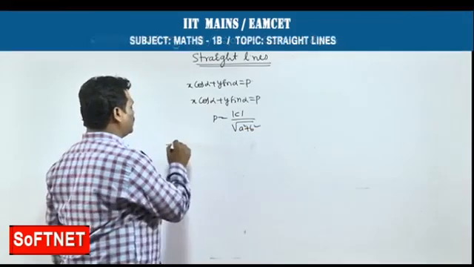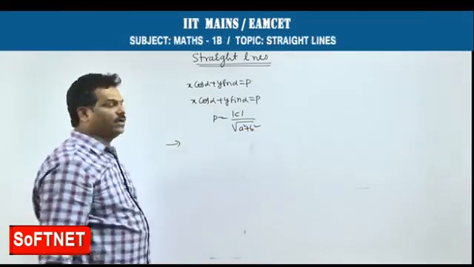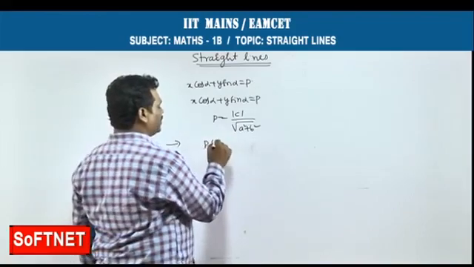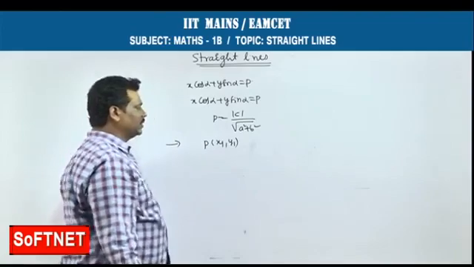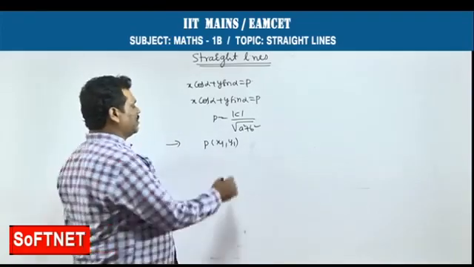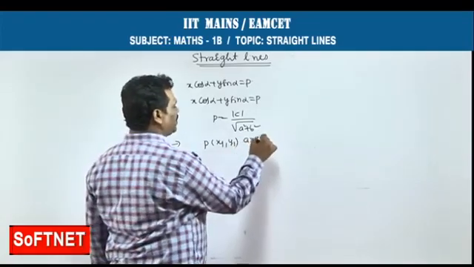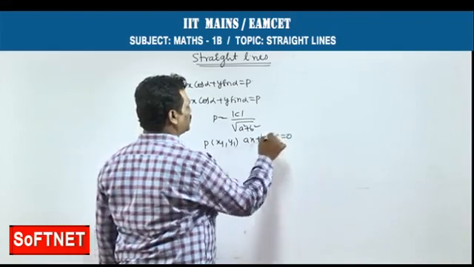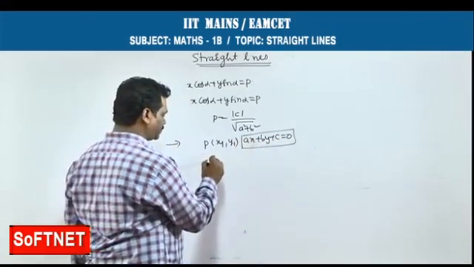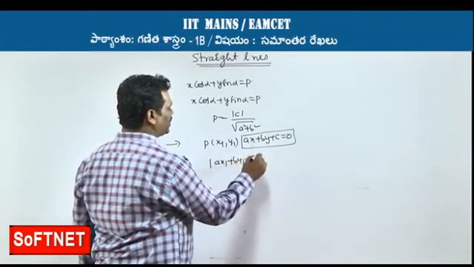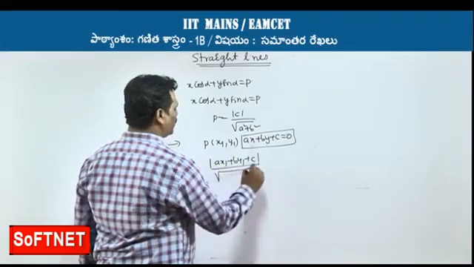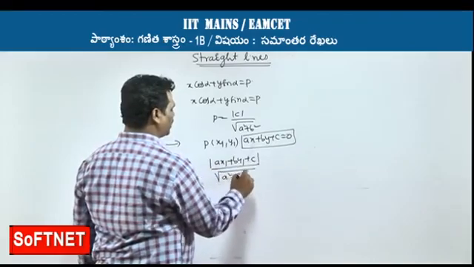Next, to discuss the perpendicular distance from P of x1 comma y1 to the straight line ax plus by plus c equal to 0, it is denoted by mod of ax1 plus by1 plus c by under root of a square plus b square.